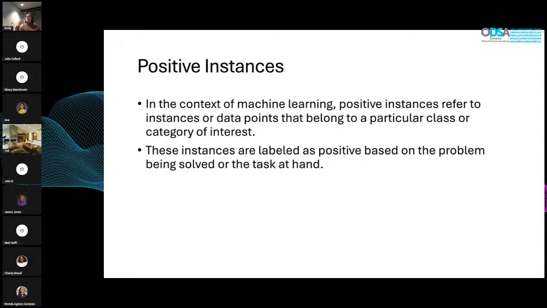Usually 1 means that thing has occurred. If you're training a breast cancer classification model, 1 usually means the individual has breast cancer. Knowing the terms positive and negative is important because this is how we're going to define accuracy, precision, and recall.